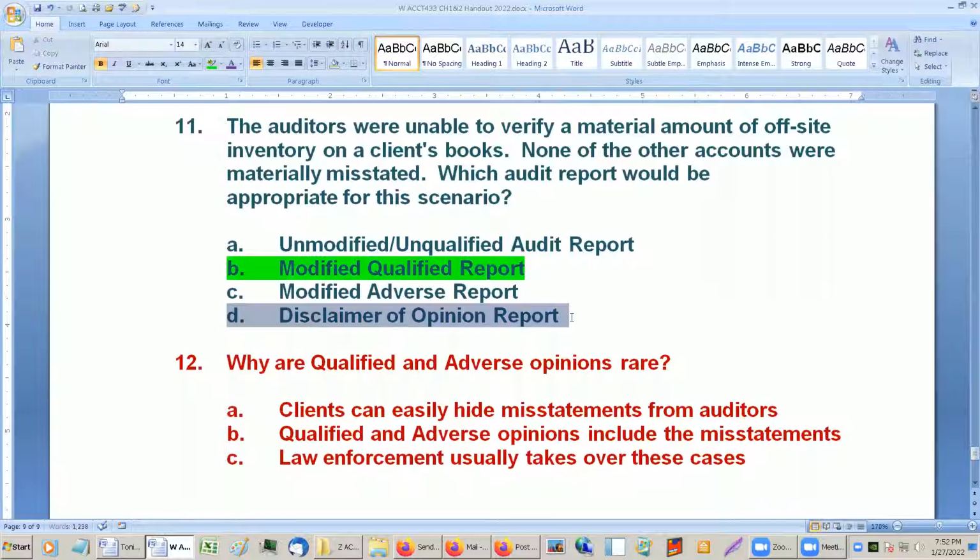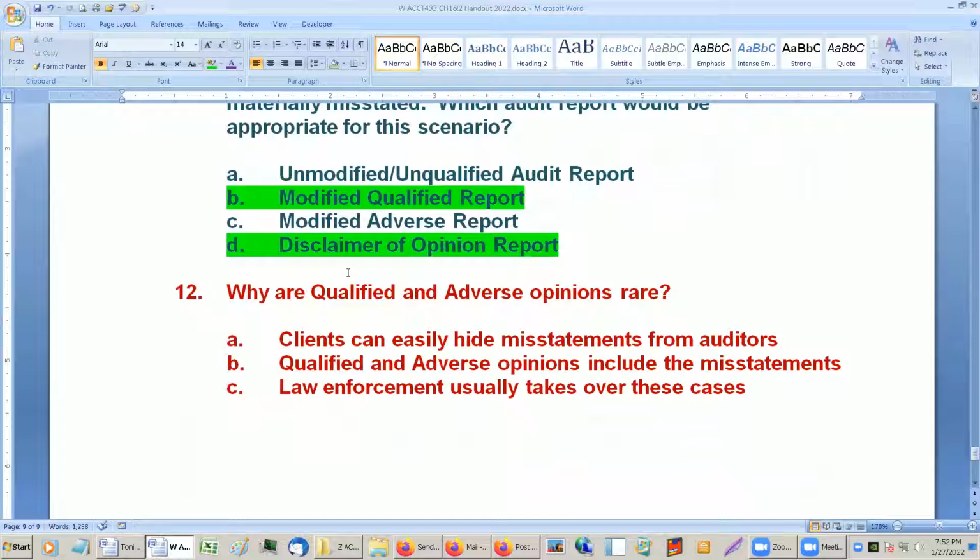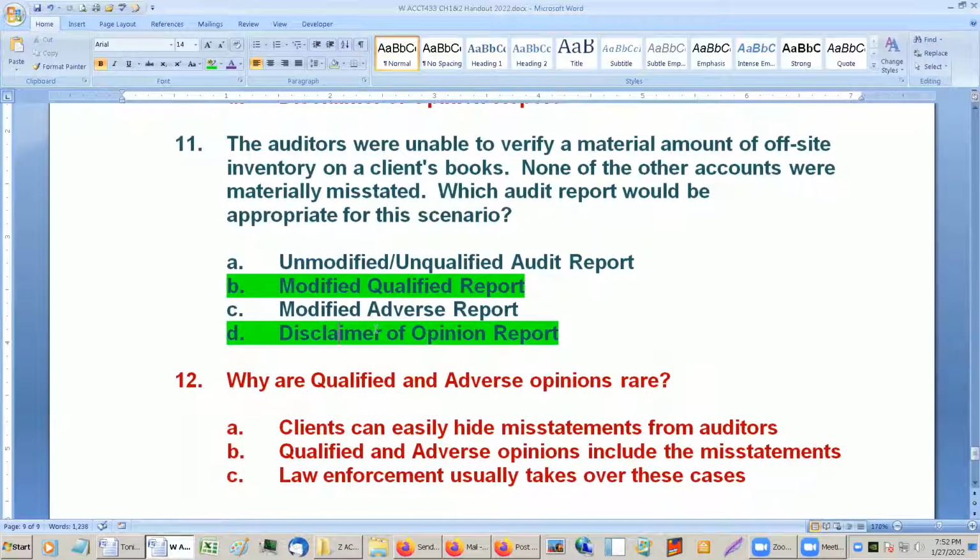It is possible that, first of all, if you can't verify it and it's material, you could give a disclaimer of opinion. But you also might give a modified qualified opinion. You say, well, why would you do that? A disclaimer says nothing. Here's nothing.